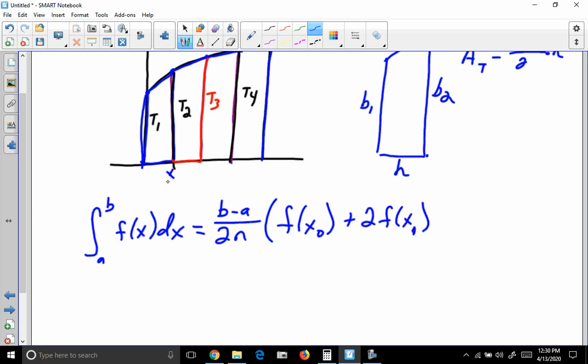So if that's the next x value, that's the left side. So twice this value, twice the next x value, twice the next x value, and then the last x value only gets used once.